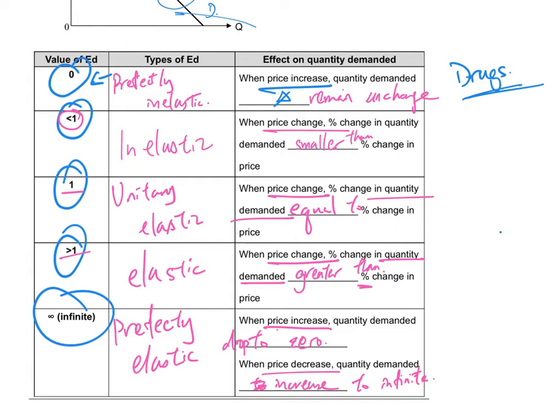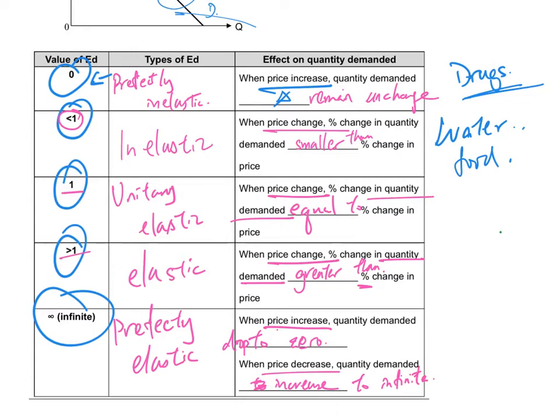No matter how expensive or how cheap it is, I still want them and that quantity. But actually, it's not perfectly inelastic but related to inelastic: something like necessities. For example, water, food, electricity. So why are these inelastic?